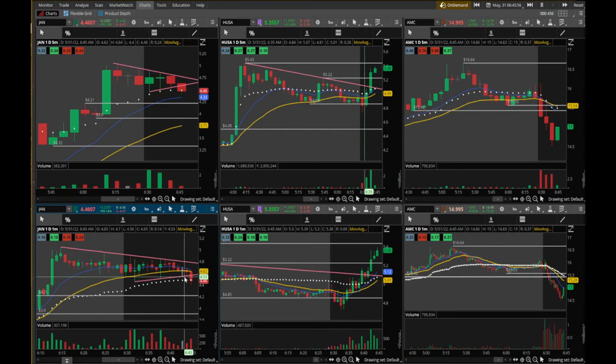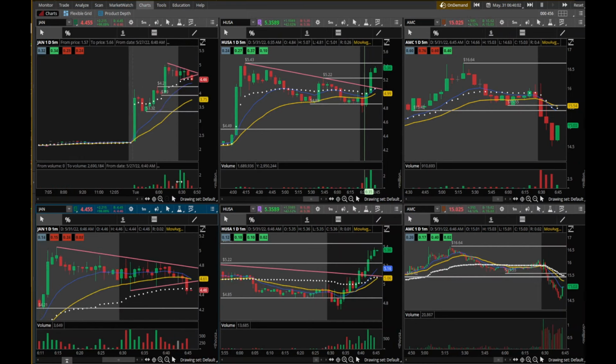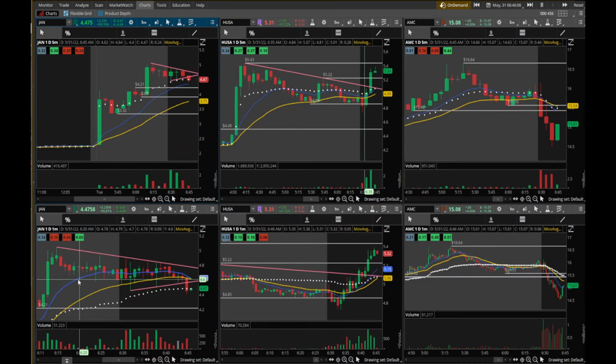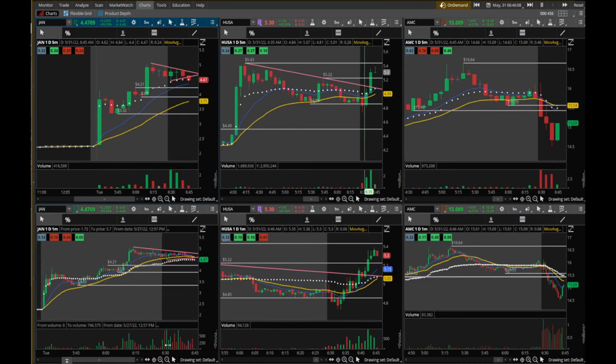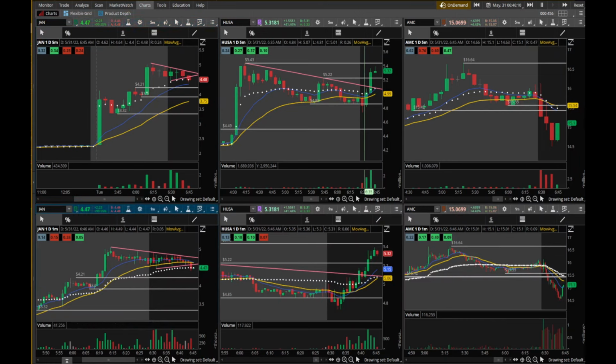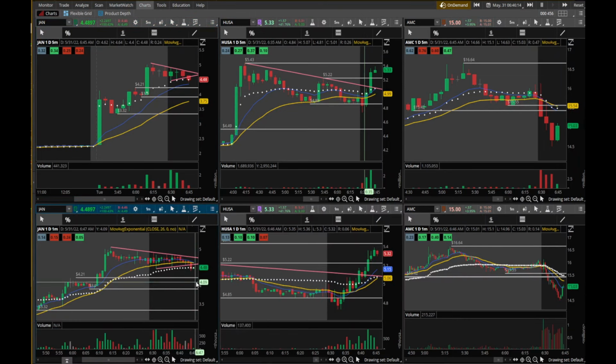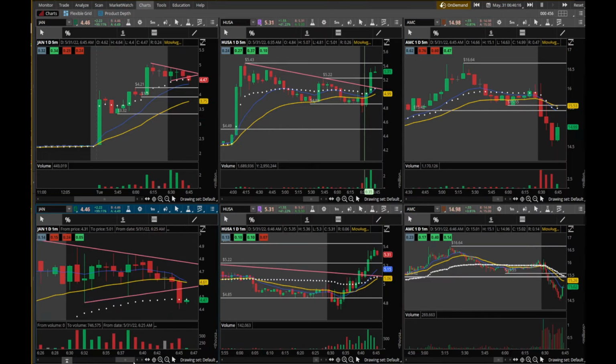And it looks like the bears, for the moment, have the upper hand. So you certainly could have made a little bit of money off of this bounce, and that would have worked out really nice.